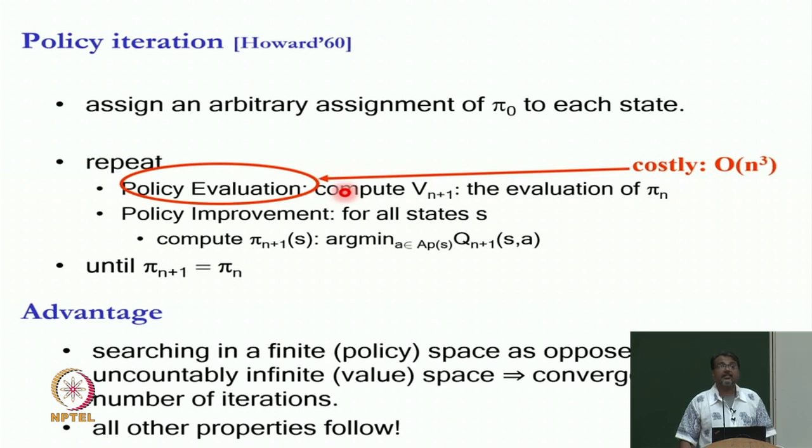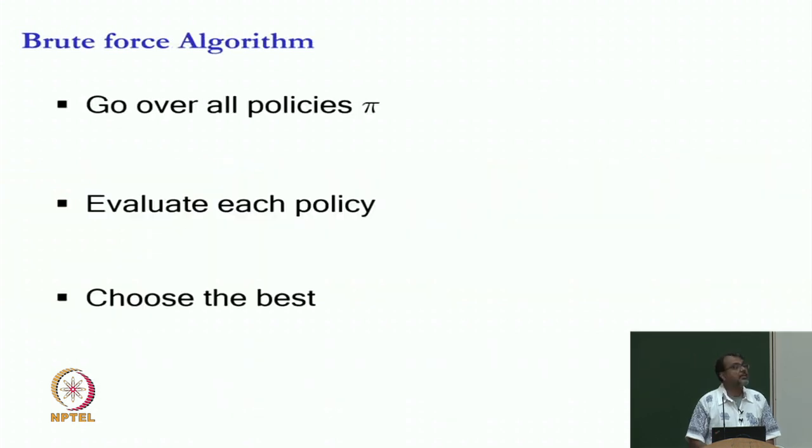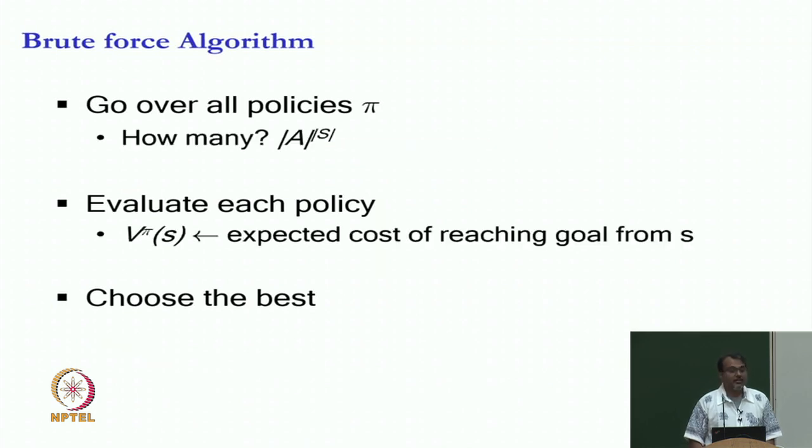How do we define the evaluation of the policy? Well, this is what we did last class, so let me remind you. We first started with the brute force algorithm, and the goal was evaluating each policy. How did we evaluate a policy? We said, what is the expected cost of reaching the goal starting in that state and following that policy. And we developed two algorithms to achieve this.